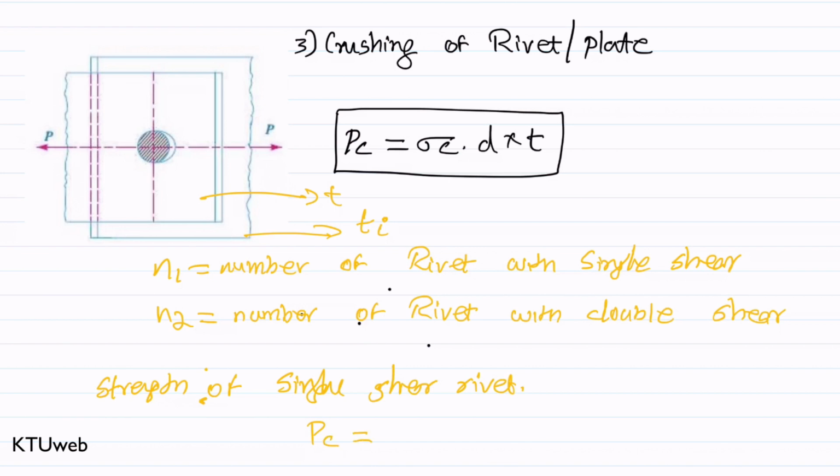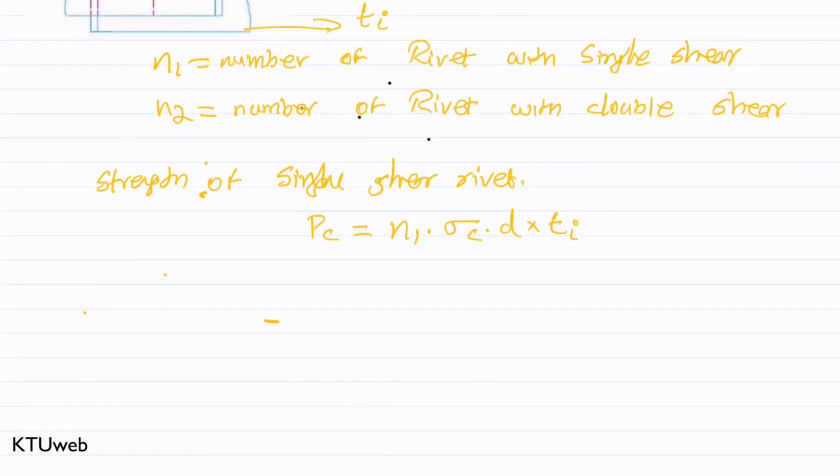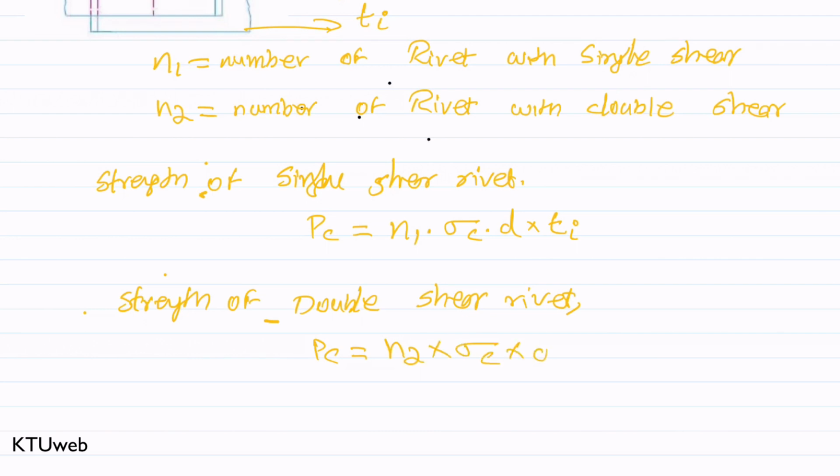PC of single shear is equal to N1 into sigma C into D into the thickness of cover plate, that is Ti. Then the strength of double shear rivet is equal to PC. So there are N2 number of double shear rivets, N2 into sigma C into D into, instead of Ti, we will use the thickness of master plate, that is T.